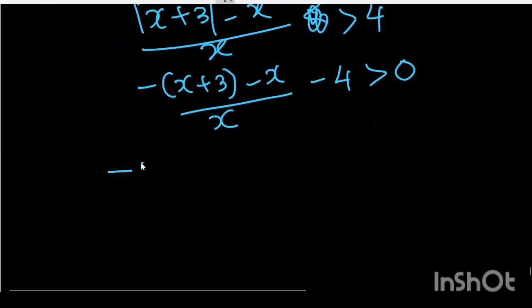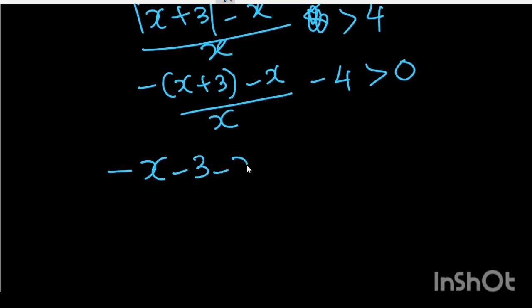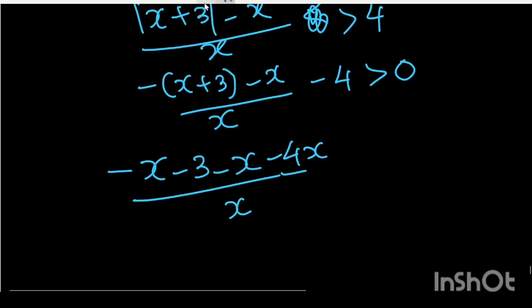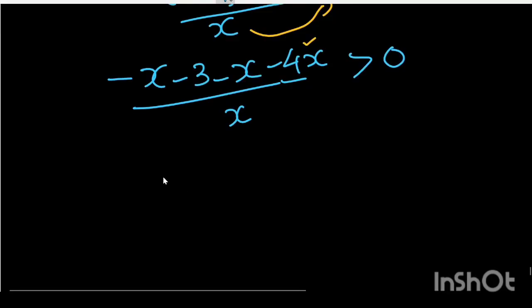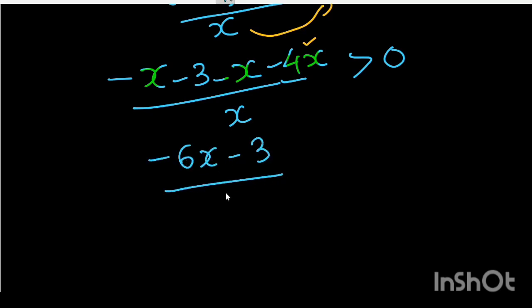So guys, this becomes minus x minus 3 minus x minus 4x by x, taking LCM, so that this x gets multiplied to this minus 4. So we will get minus 4x, greater than 0.